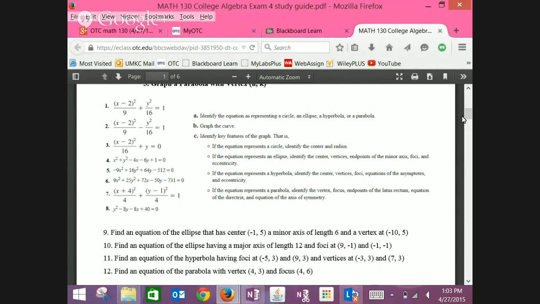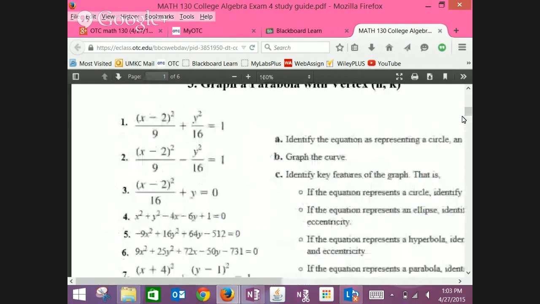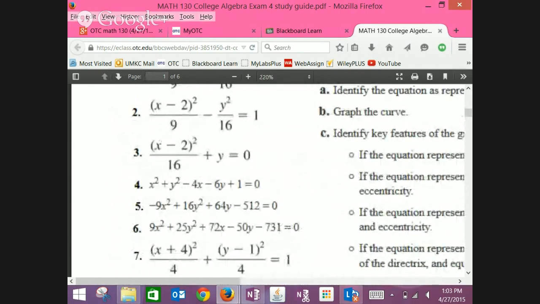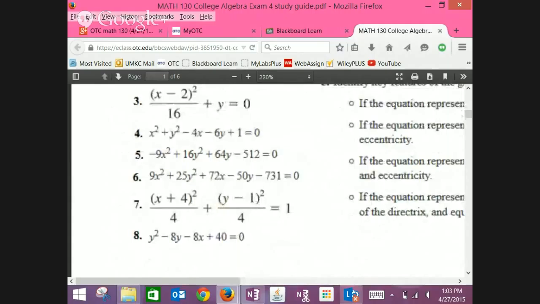What about 4? Both of them are squared. Parabola is only one of them is going to be squared. Yes. Good. They're both positive in this list. What about 5? The minus 9 gives you the hint there. It's a hyperbola, right?